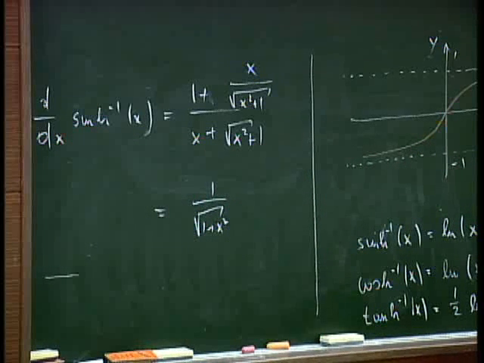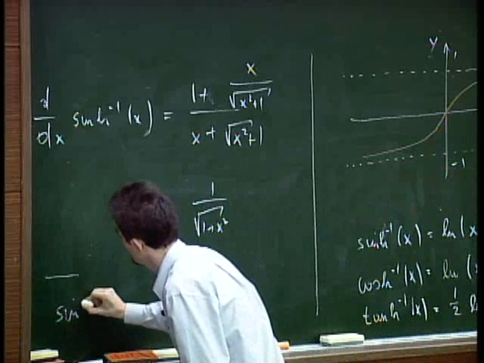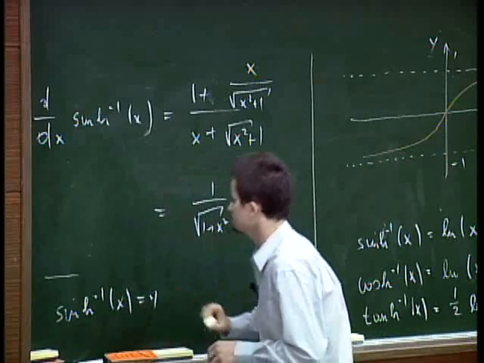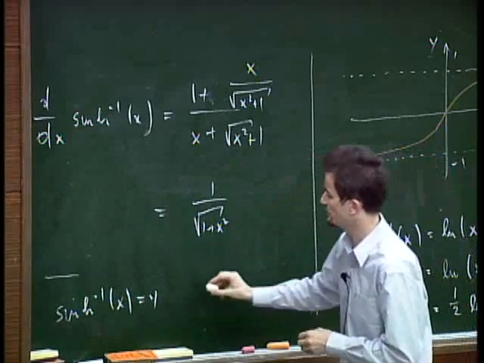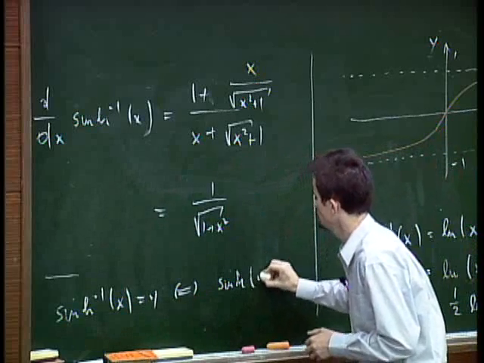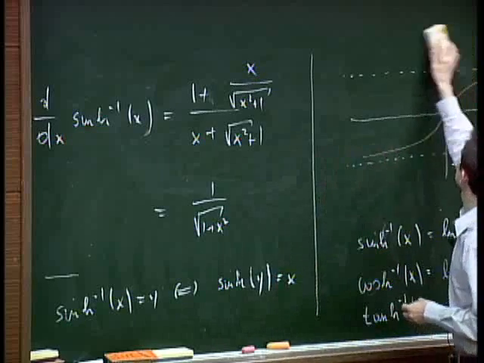Another way is to use implicit differentiation. So maybe let's check that the answer is the same. You can express the inverse hyperbolic sine function in terms of the hyperbolic sine function. Now you take here derivatives on both sides.